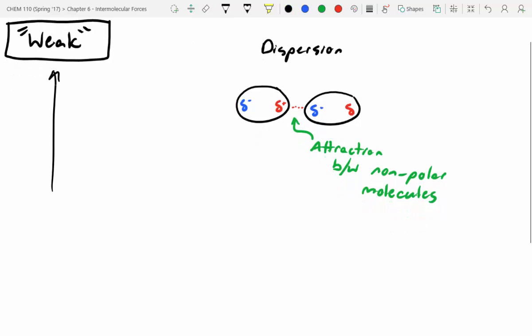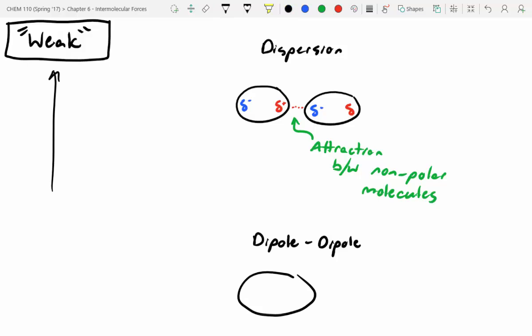And then we said after that you have dipole-dipole. And with these, you've got two molecules where there's a really big imbalance. In fact, let me draw it a little bit differently. Oh man, my artistry skills aren't on point today. All right, that's kind of a kidney bean shape.